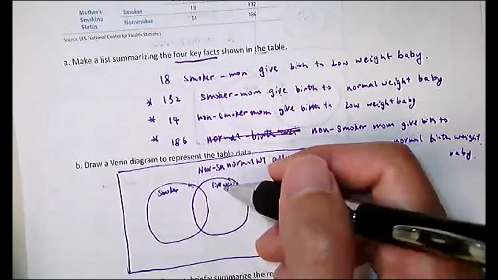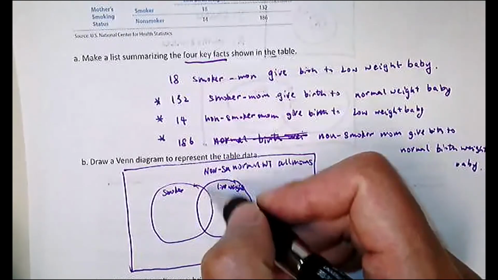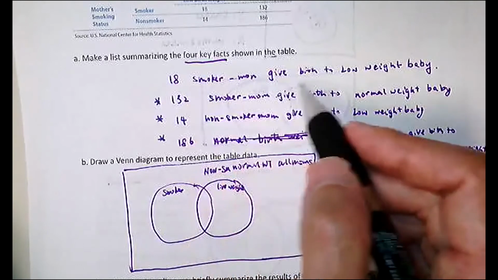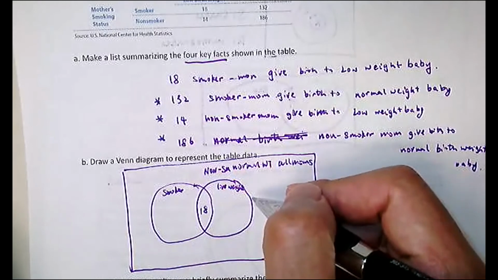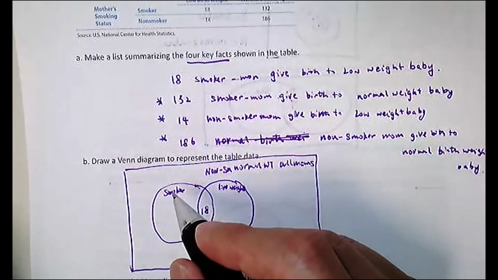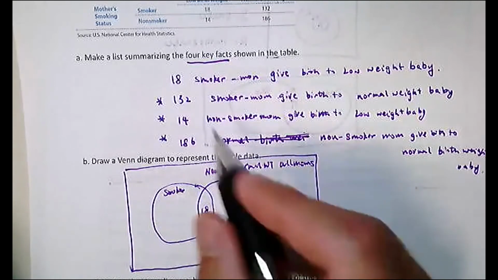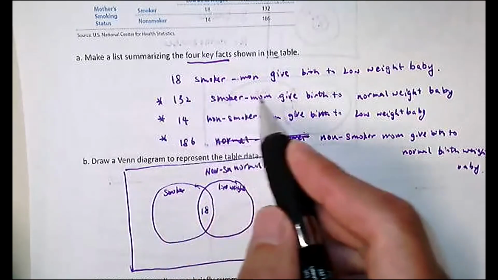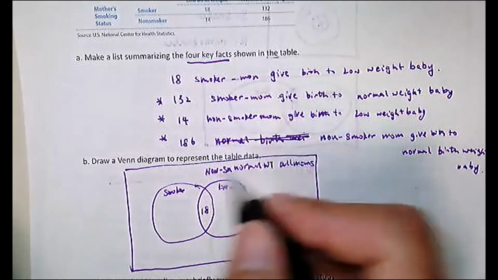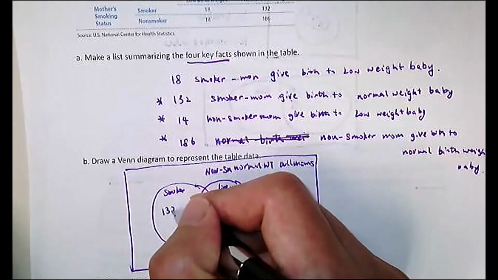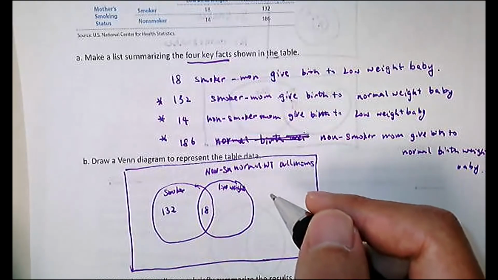Okay, so let's fill in all the numbers. First, this is the overlapping part. 18 smoker moms give birth to low weight babies, so the number here is 18. How many smoker moms give birth to normal weight? The number is 132, so 132 is here.